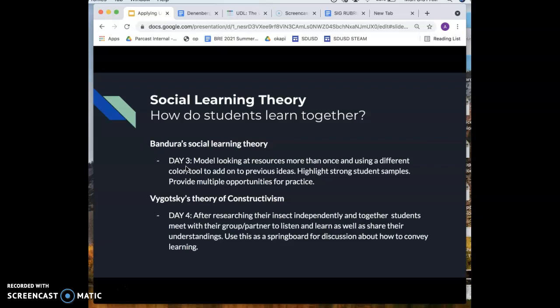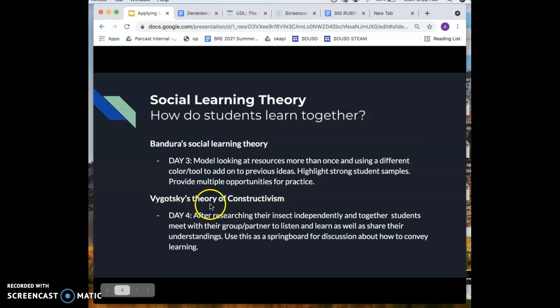This supports the overall goal because students will be able to learn from one another by observing and mimicking behavior. As students are adding on to their previous ideas, I will stop the work and highlight strong student samples. So again, students will have multiple opportunities to view strong examples of this, as well as practice with mimicking and observing the behavior.